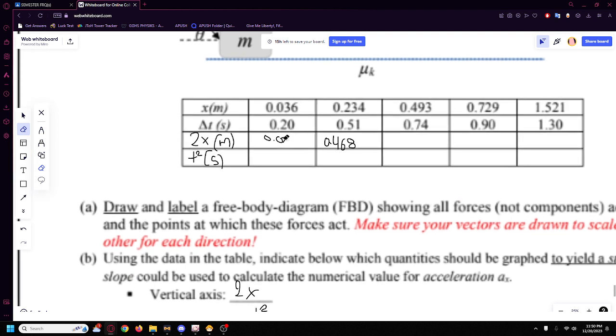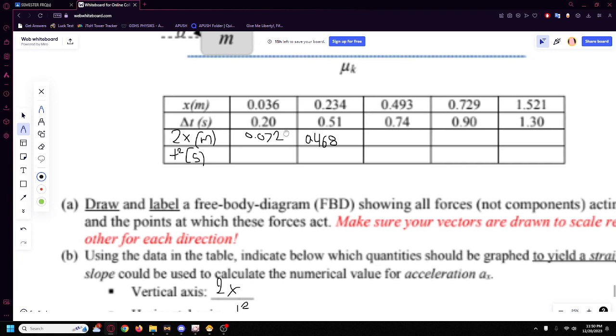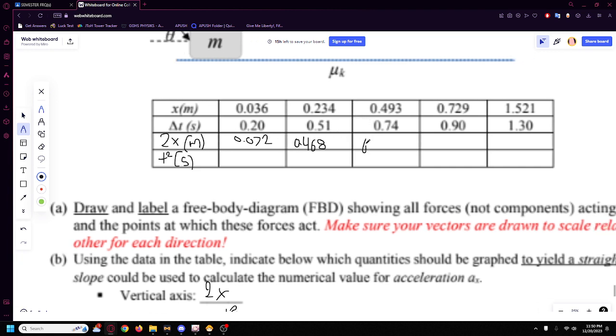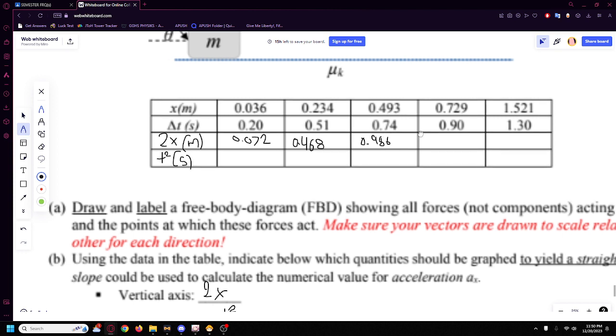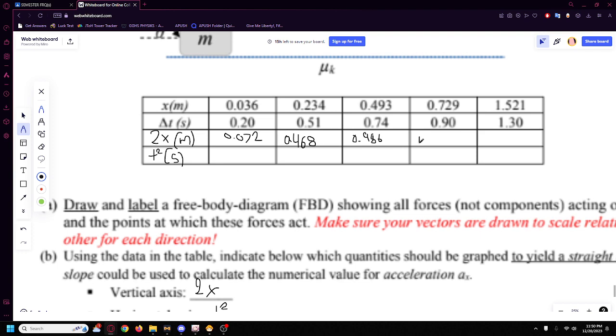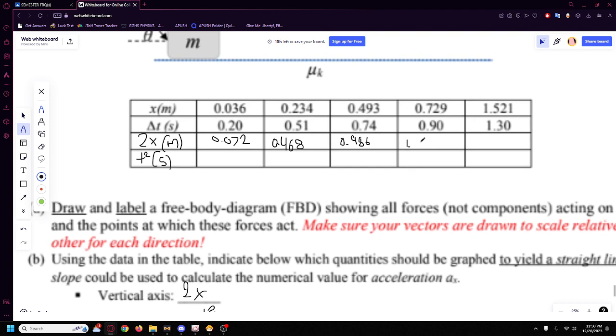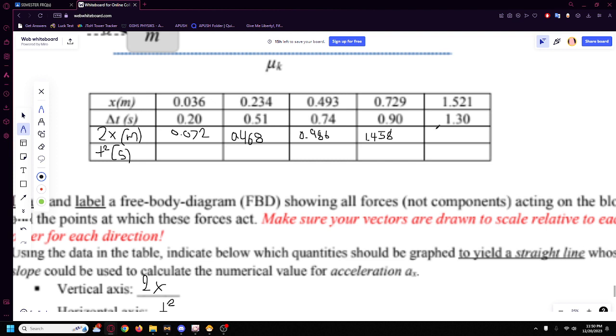Let me fix this, make it more legible. This is about 0.986. This is 1.458, and this is 3.042.